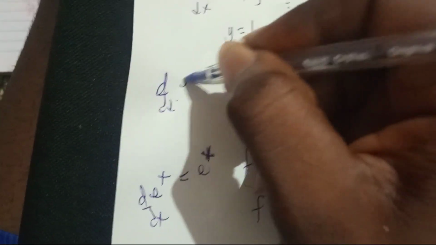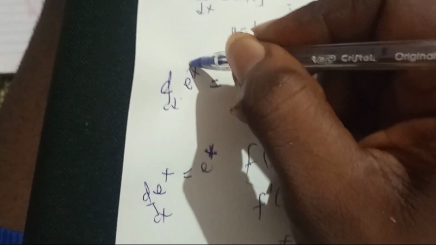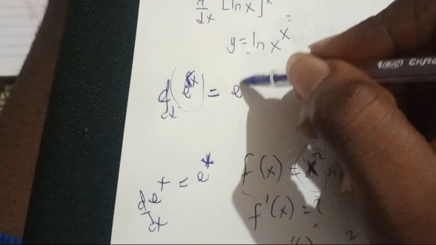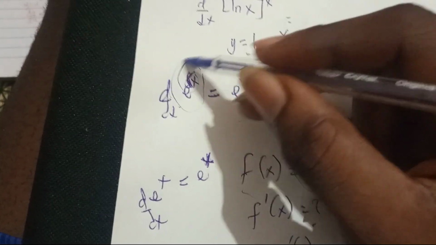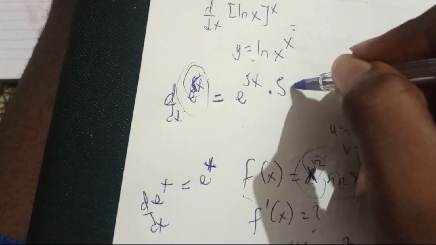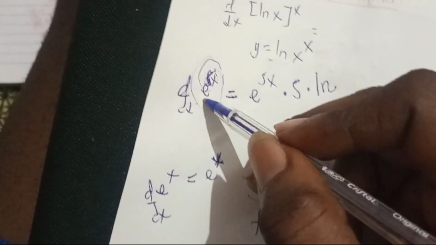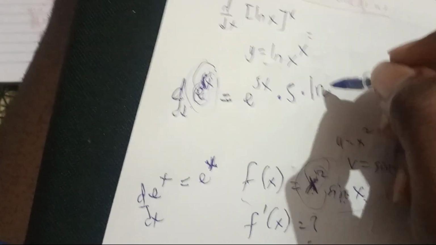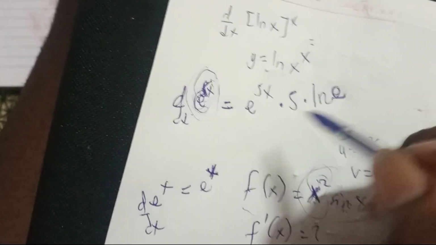So if we are differentiating e to the power 5x, there is a simple rule that we take. First, we rewrite the whole thing again. That's e to the power 5x times, you differentiate the exponent, so that's going to be 5. Then you multiply it by the natural log of the base, that's e.